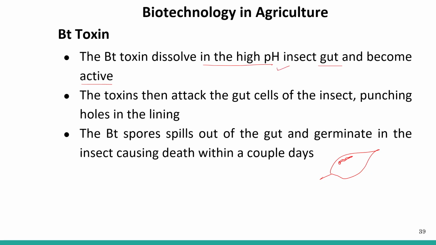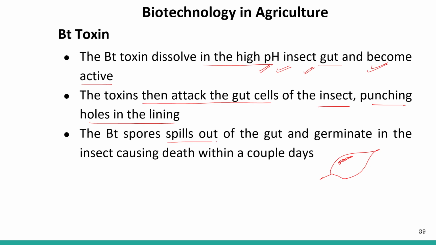The pH of the insect gut is very high, and that toxic protein becomes active. Earlier it is in inactive form, but when the pH of the insect gut is very high, that inactive protein becomes active. This toxin then attacks the gut cells of the insect, punching holes in the lining. So it punches holes in the lining of the intestine.